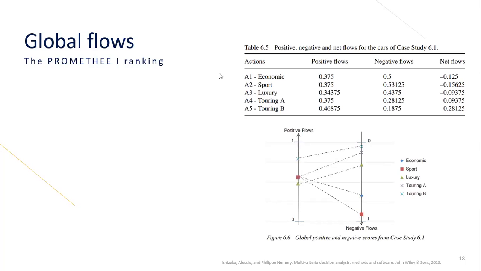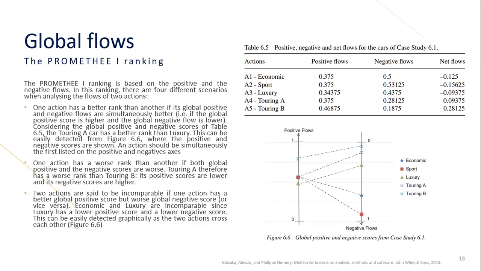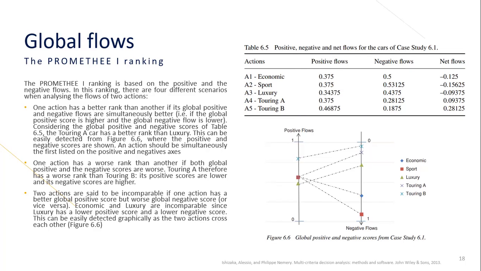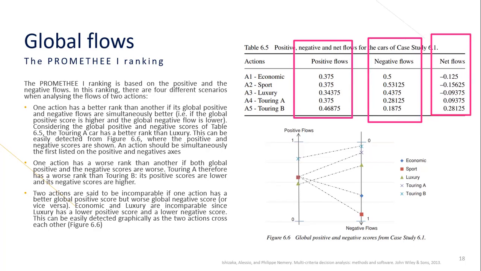Then next, after you have the global flow, you have the positive flow, negative flow, and then net flow, right? Now we move on. How do we decide?